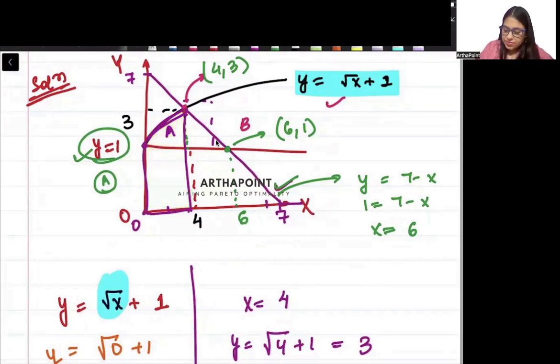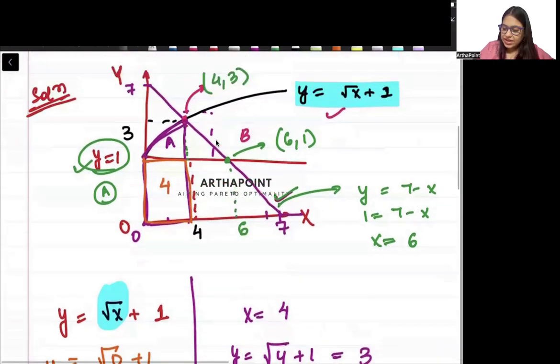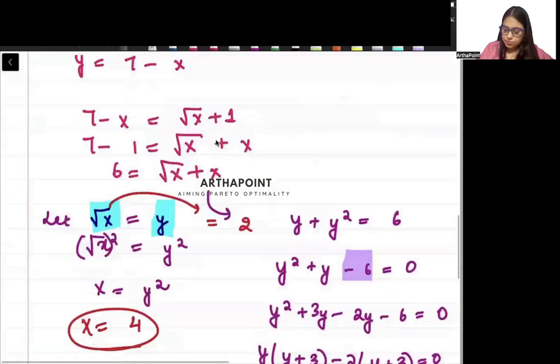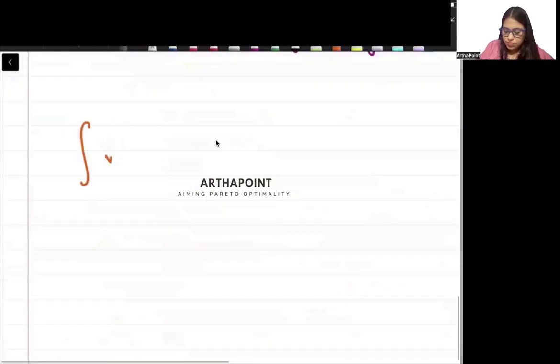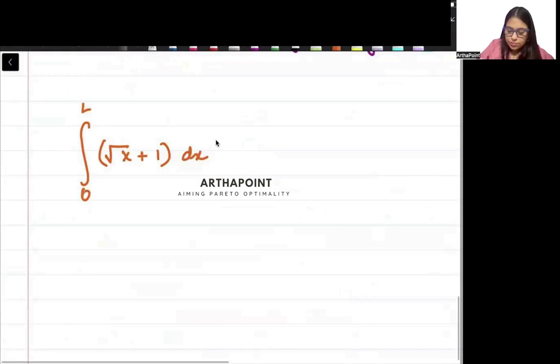What is this part? How much will this area be? Length into breadth, 1 into 4. That means 4. So let's integrate this curve between 0 to 4, and let us subtract 4. This will give me area of A.